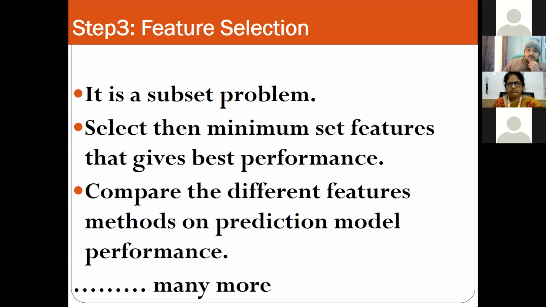Next one is feature selection. This is very important, because if we assume that every feature has equal importance, it will affect the performance of our classifiers. What we have seen in the literature is that every feature does not contribute 100%. Some features contain 60 to 70% of the variation.